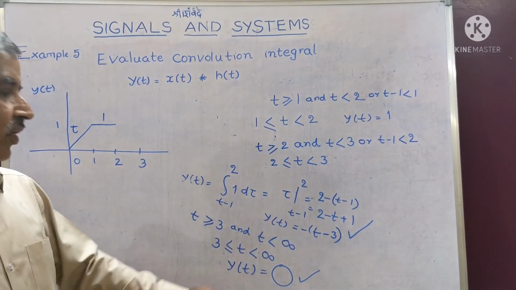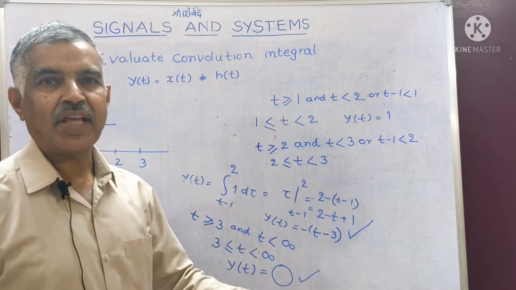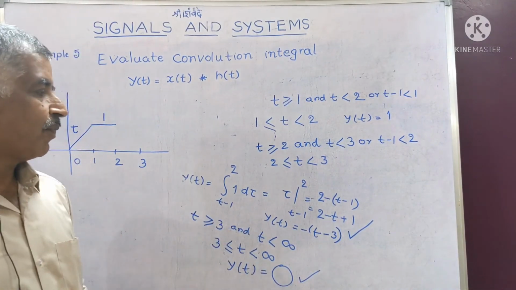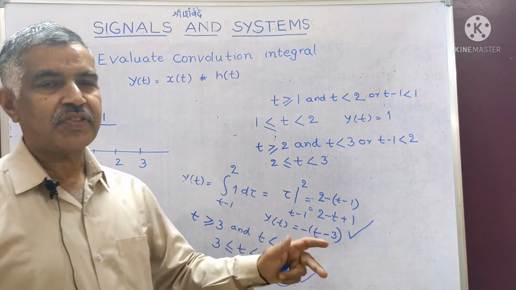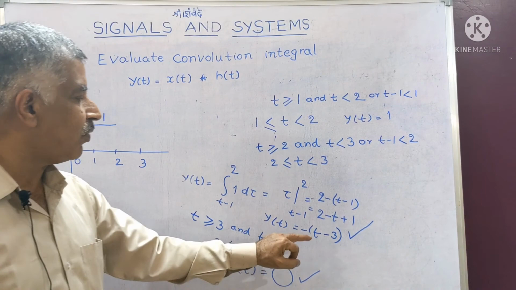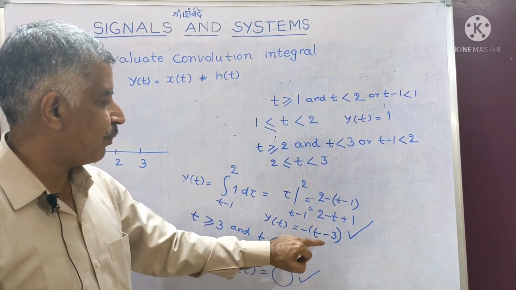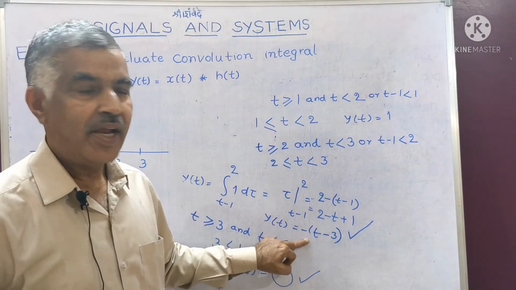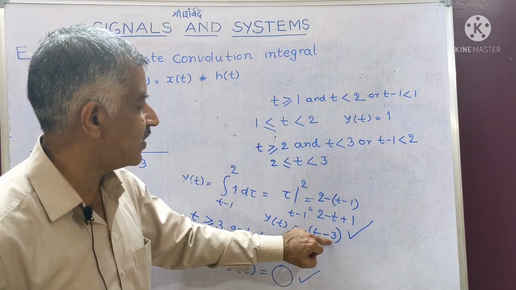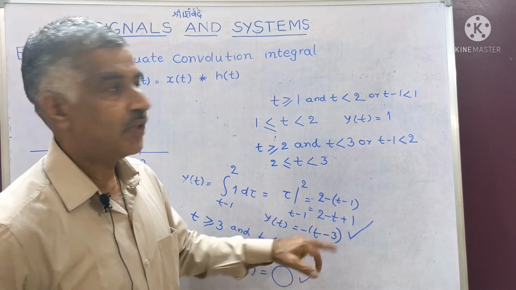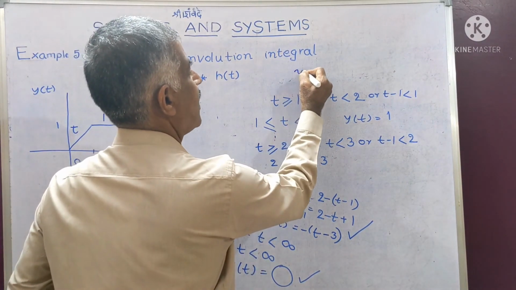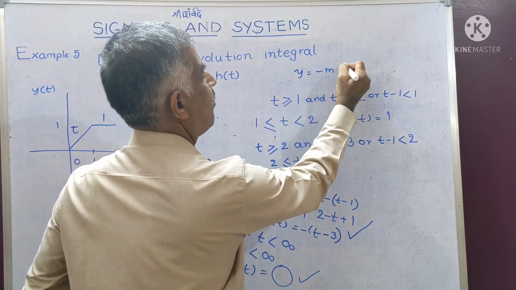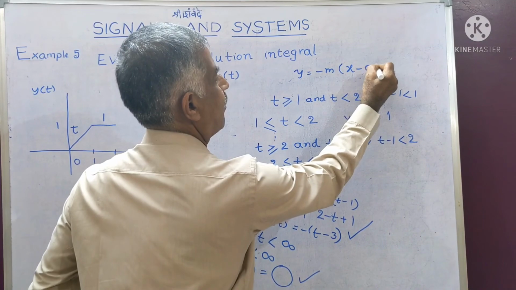You refer to my starting classes, class number 1 or 2. In class number 1 or 2, I have shown this as an inclined line, negative slope, intersecting the x-axis at 3. I will recall y equal to minus m into x minus a.